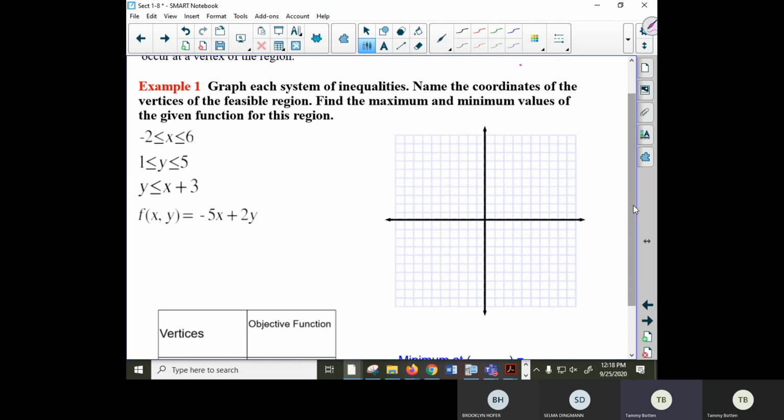Okay, so let's go ahead and get started. In these first couple, they give you the constraints, which is nice. You don't have to figure those out. So what we would do is go to x, and what they're telling us here is our x is between -2 and 6. When that's the case, you go to your x-axis, go to -2, and go to +6, and you're going to have a vertical line at each of these.